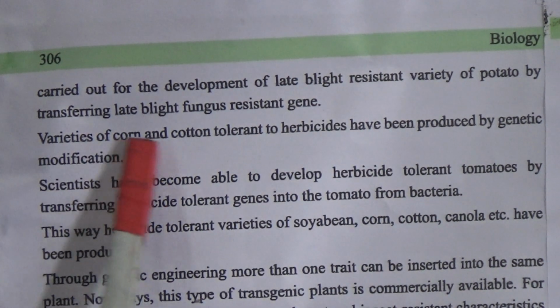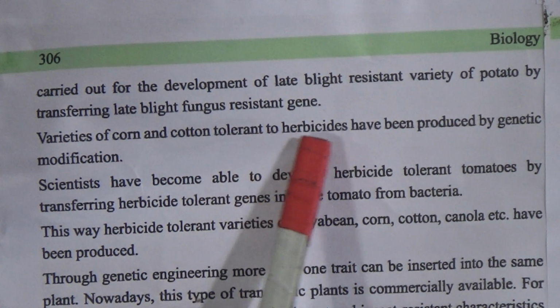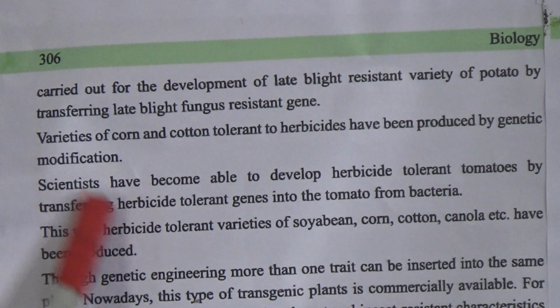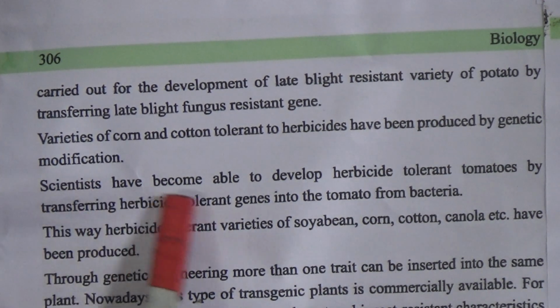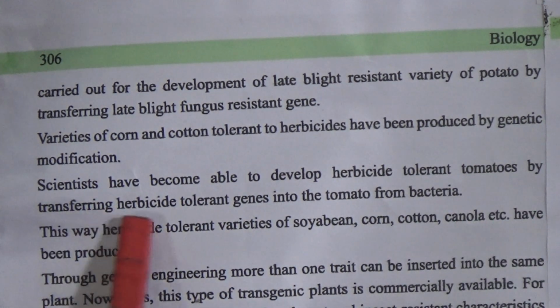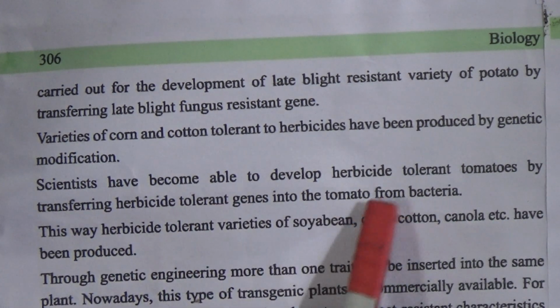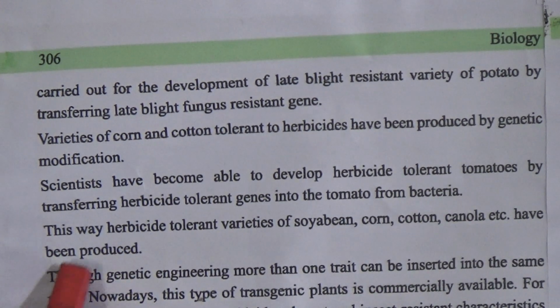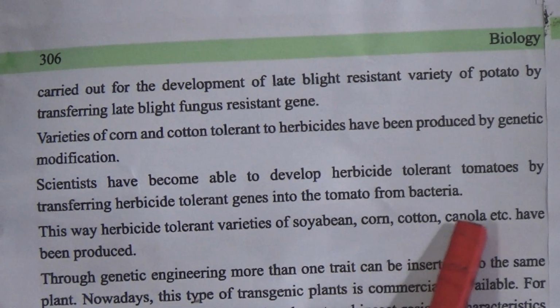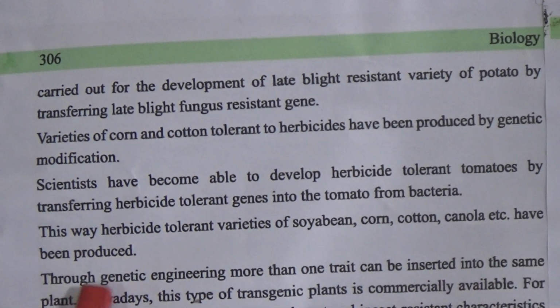And varieties of corn and cotton tolerant to herbicides have been produced by genetic modification. Now scientists have become able to develop herbicide tolerant tomatoes by transferring a herbicide tolerant gene into tomato from bacteria. This way, herbicide tolerant varieties of soybean, corn, cotton, canola, etc. have been produced.